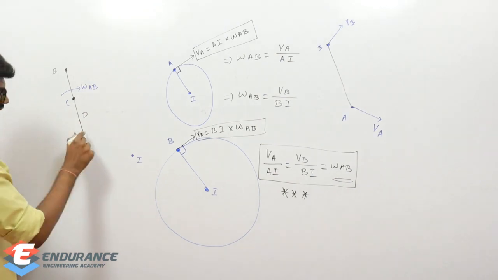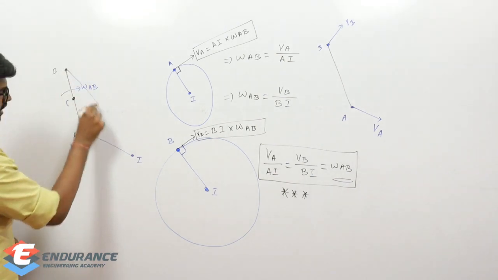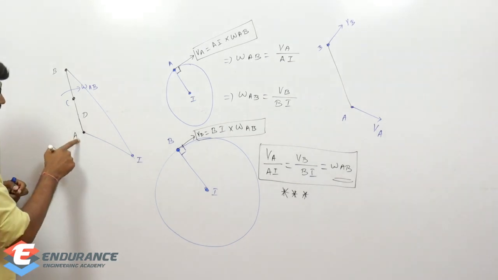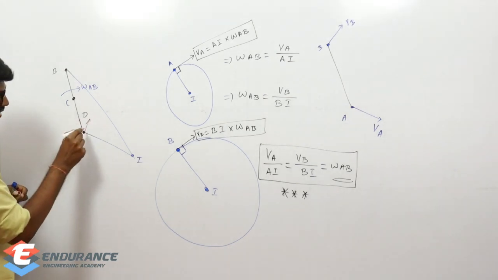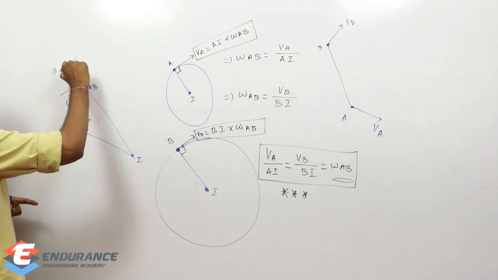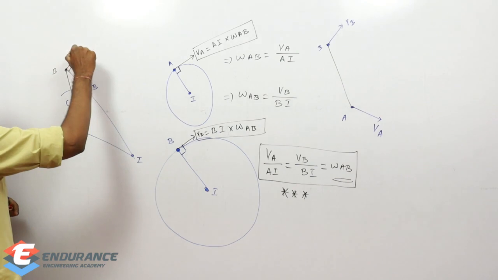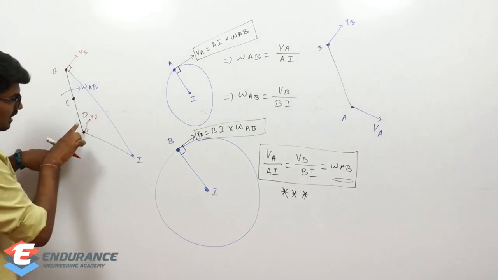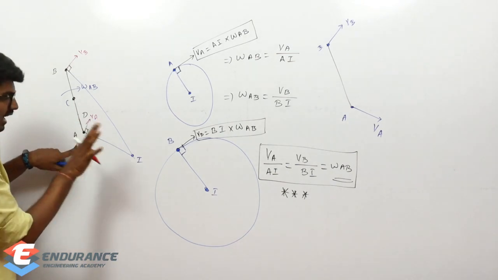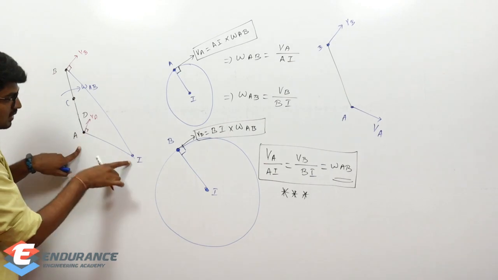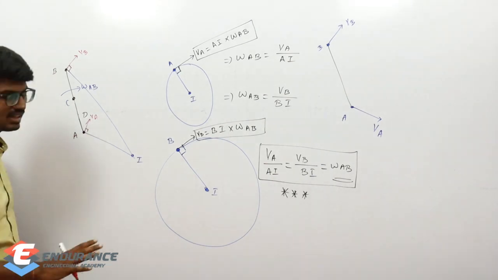If I draw something like this, the velocity at point A has to be tangential, which means it should be like this. Am I right? And similarly, the velocity at this point should be tangential, which means it should be like this. So this is the velocity at B, this is the velocity at A. So what does it mean? The velocity at any point should be perpendicular to the line joining that point and the instantaneous center.